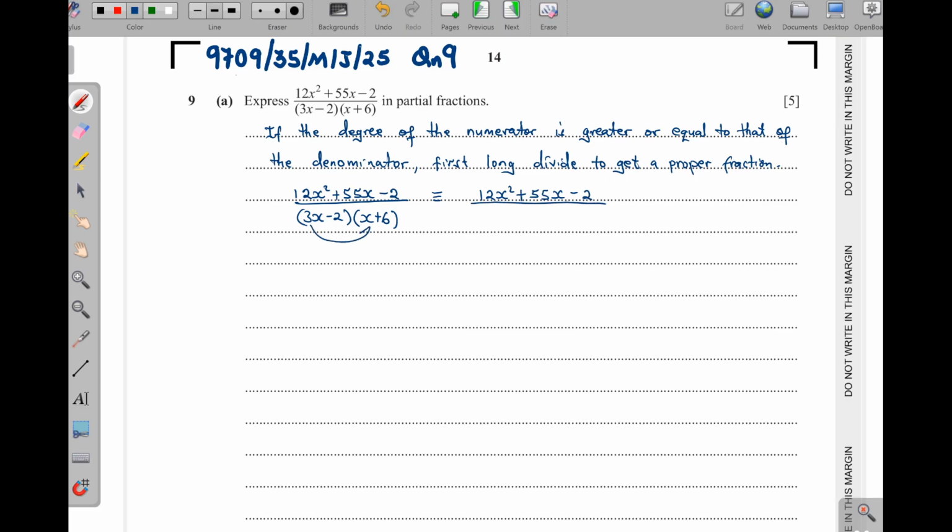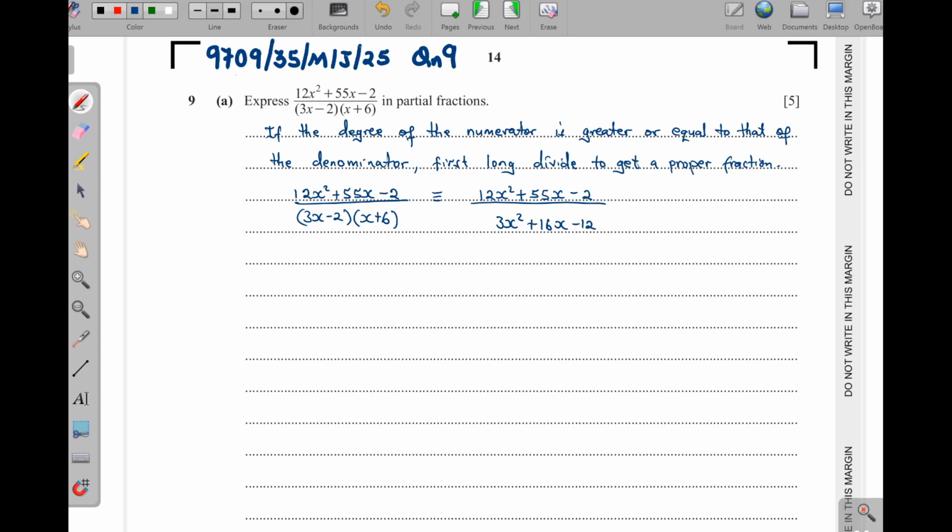This is 3x times x, that will be 3x squared. And then 3x times 6, that gives us 18, then minus 2, that will give us 16. So we have positive 16x, and then this times that, we shall get negative 12.